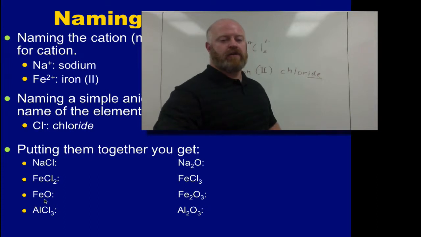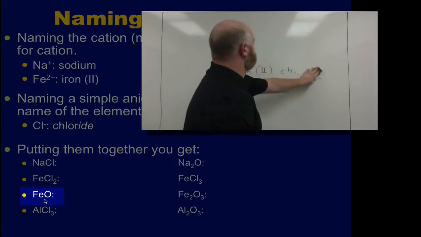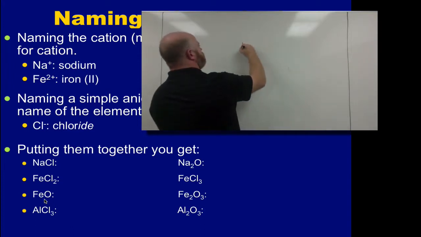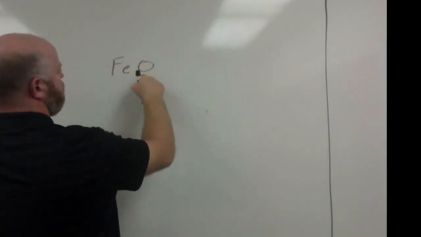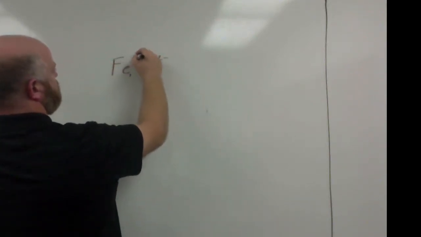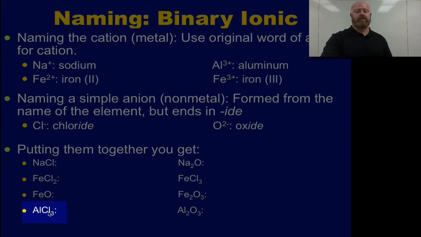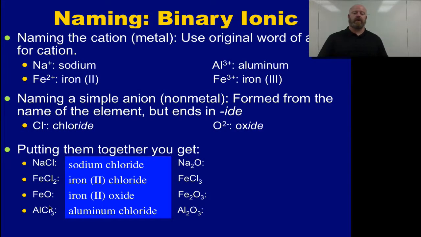Go down to FeO, same idea. Which iron are we dealing with? Well, FeO is 1 of each. That's a 2-, so this has to be a 2+. So that would be iron 2 oxide. And then we go down to this one, and we have aluminum with chlorine. Aluminum doesn't need a Roman numeral, so we just say aluminum chloride.